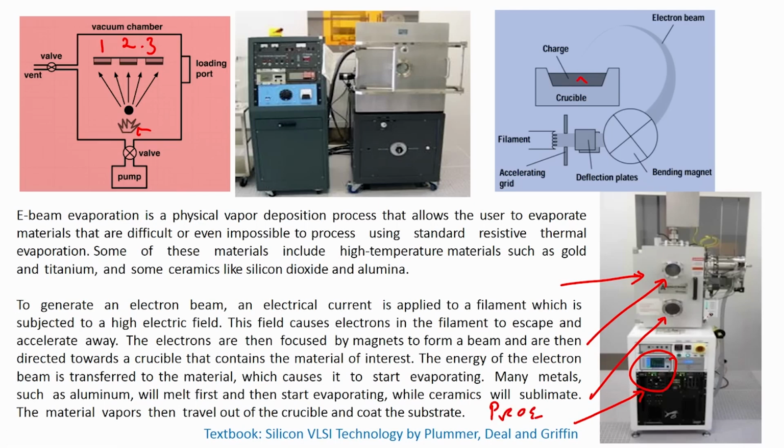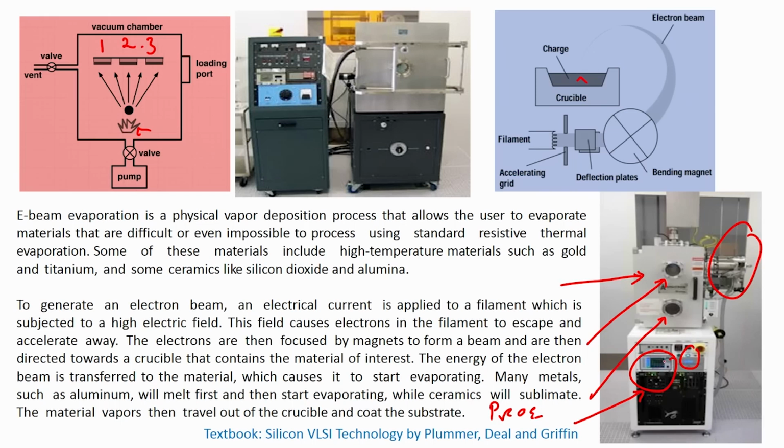Then I have this system or pump, called a turbomolecular pump, which is used to create a vacuum. And then I have this supply; I have various ways of selecting which material I have to deposit.